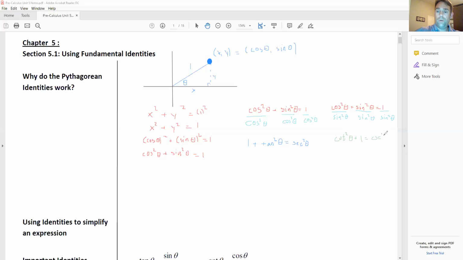And these three right here, these are called our Pythagorean identities.